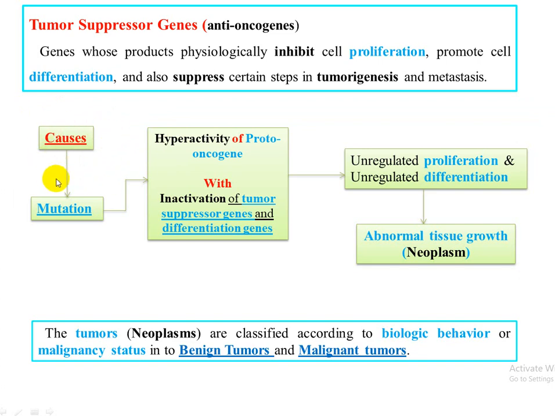These causes induce mutation in cellular DNA, and this mutation is necessary to induce hyperactivation of proto-oncogenes and inactivation of tumor suppressor genes and differentiation genes, resulting in unregulated proliferation and unregulated differentiation, leading to abnormal tissue growth, which is a neoplasm.